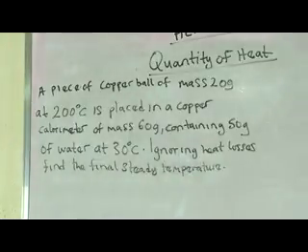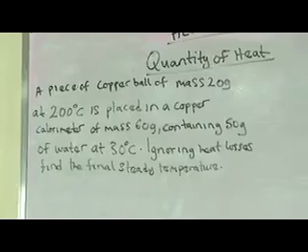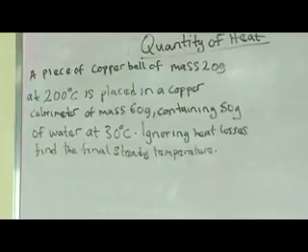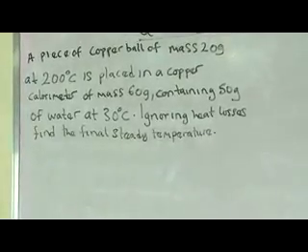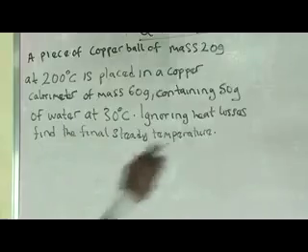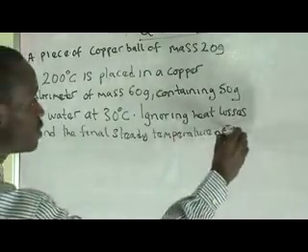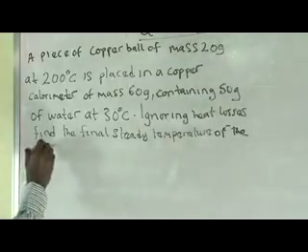So a piece of copper ball of mass 20 grams at 200 degrees Celsius is placed in a copper calorimeter of mass 60 grams containing 50 grams of water at 30 degrees. Ignoring heat losses, what is the final steady temperature of the mixture?